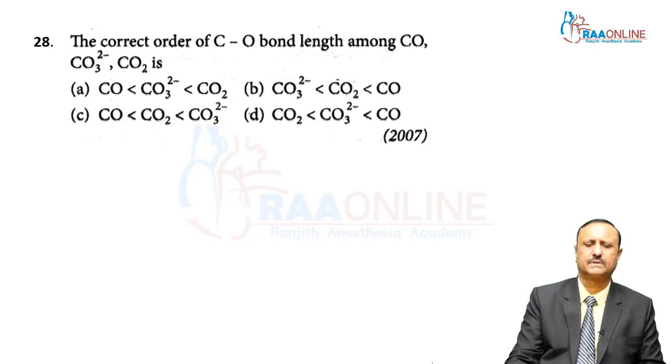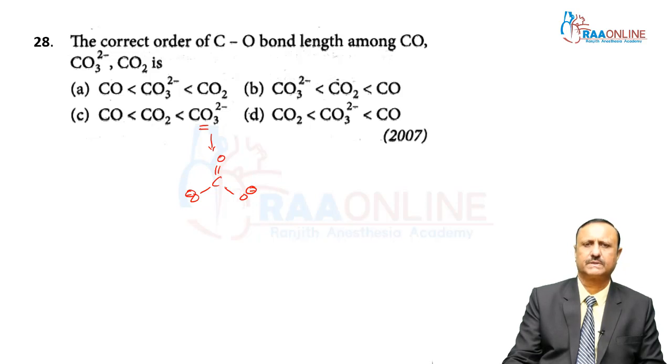So, in question number 28, the carbonate ion has the maximum bond length, because when you draw the structure of the carbonate ion, here this is C, O, O and O, with one minus charge, second minus charge. So, my dear students, this is the structure of the carbonate ion.